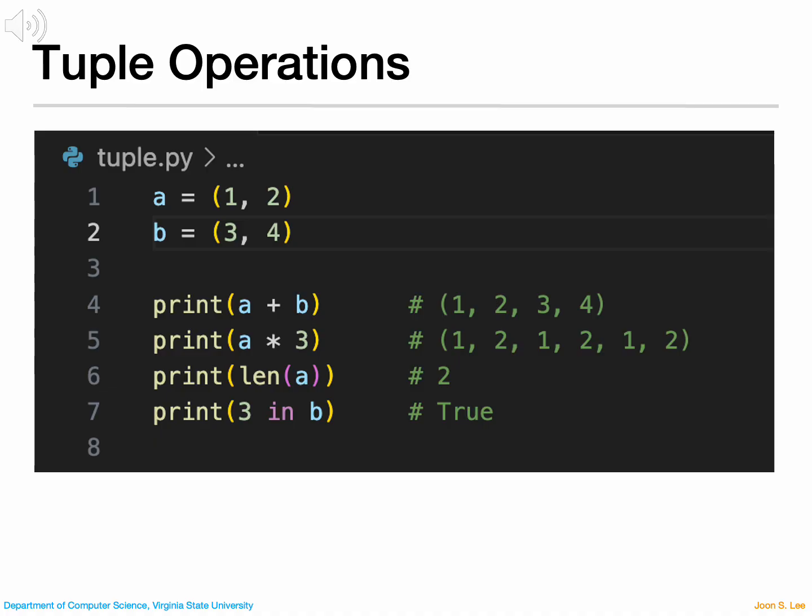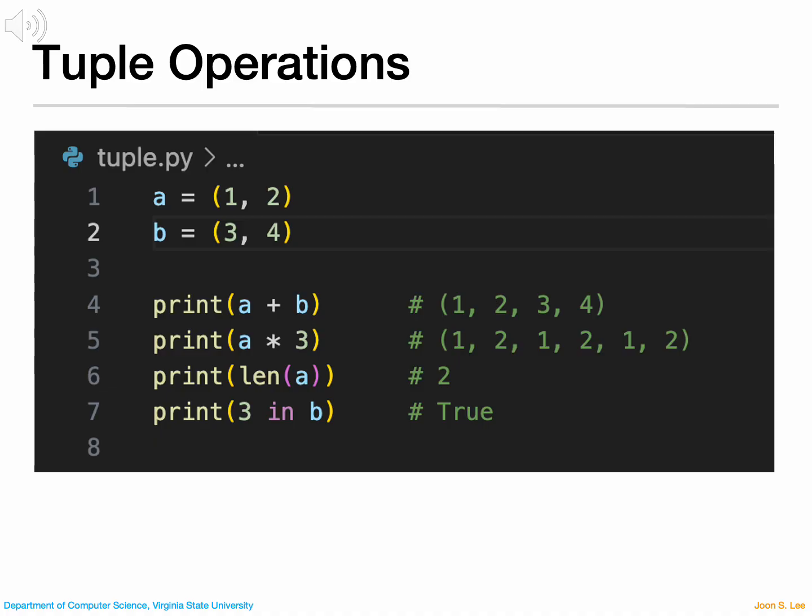Even though tuples are immutable, meaning we can't change their contents, we can still perform several useful operations with them. Here we have 2 tuples. A equals (1,2), and B equals (3,4).